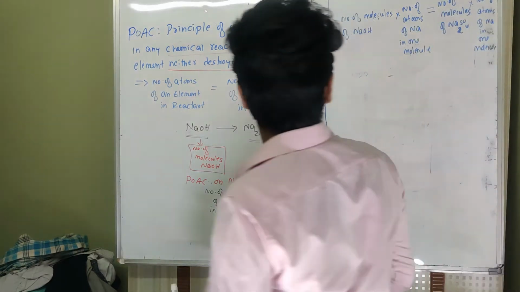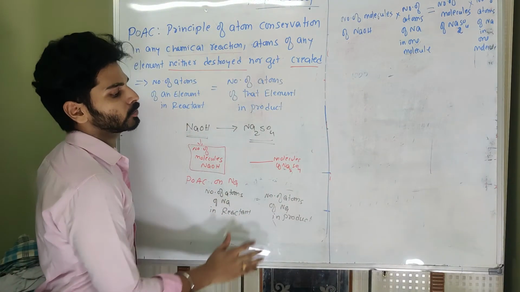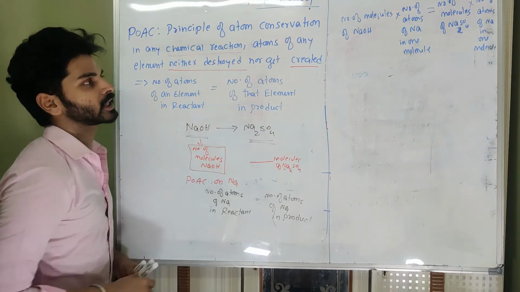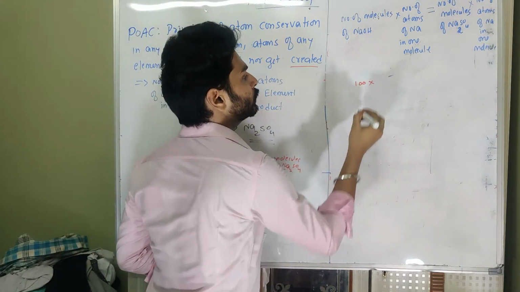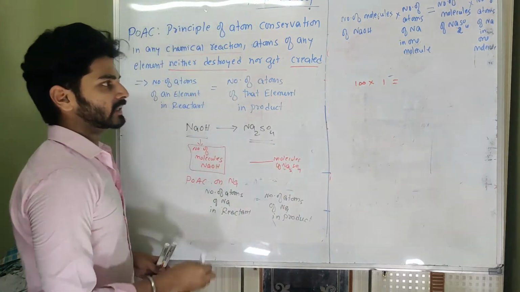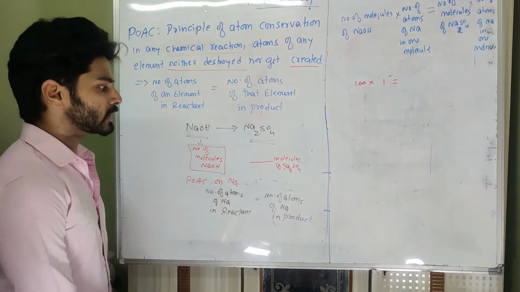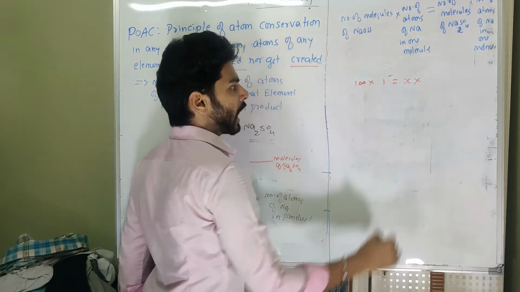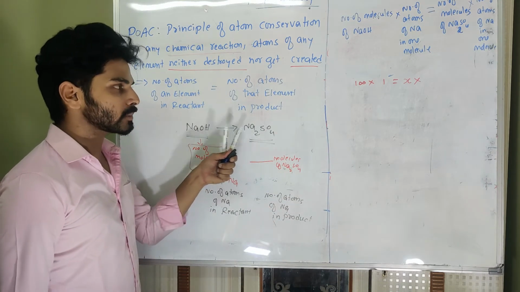This equates the number of atoms of sodium in the reactant to the number of atoms of sodium in the product. Assume the number of molecules of NaOH given is 100. Then 100 into one, since one molecule of NaOH contains only one sodium, gives 100 sodium atoms on the reactant side. The product side must also have 100 sodium atoms. But we are asked to calculate the molecules of Na2SO4, so let me keep it as X, multiplied by the number of atoms of sodium in one molecule. There are 2 atoms in one molecule.